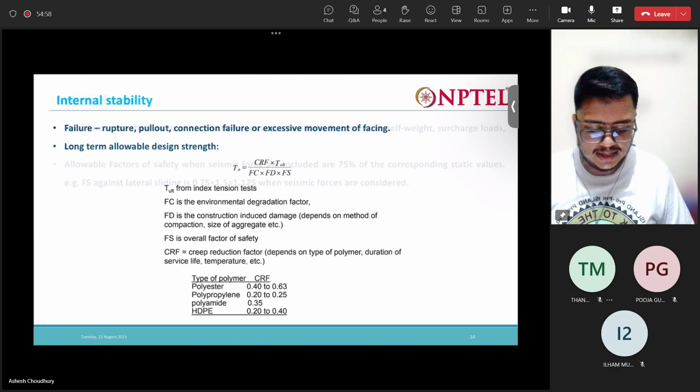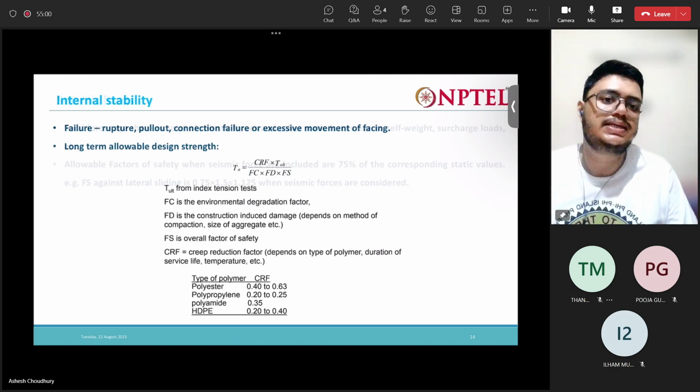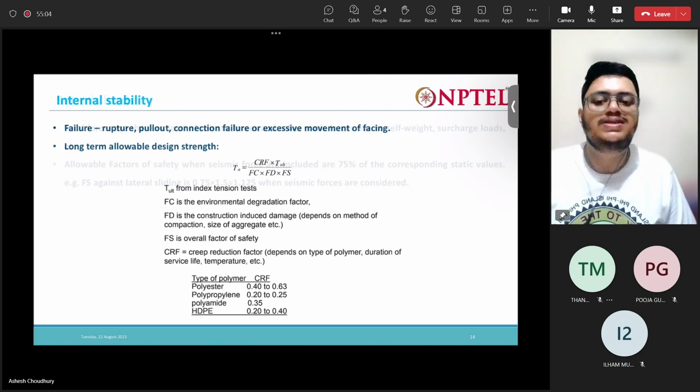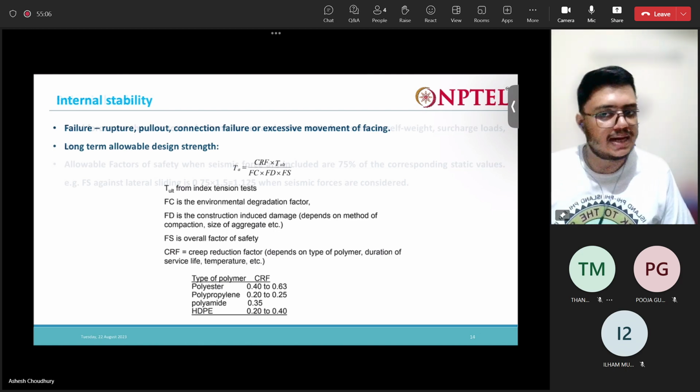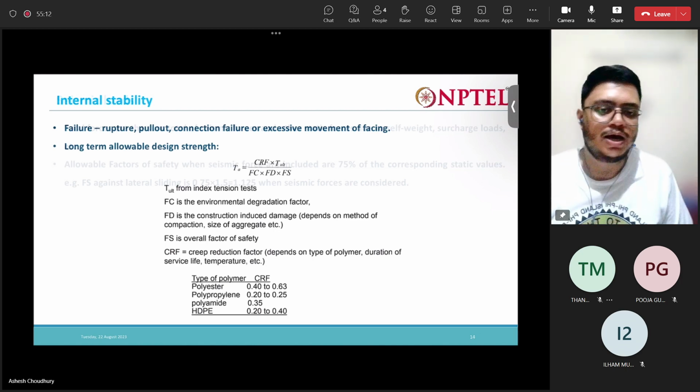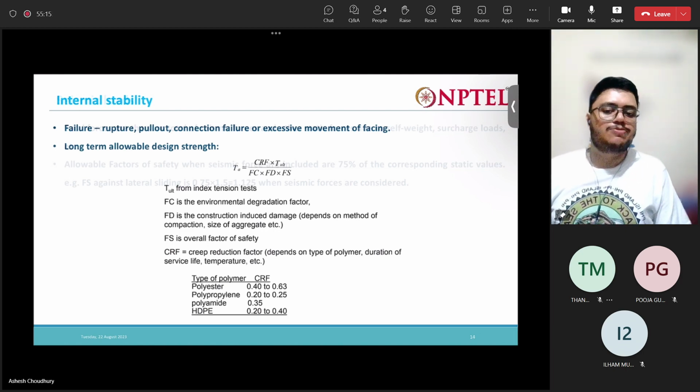So after that, we have the internal stability analysis. We discussed this in detail, right, in the initial lectures. What actually influences the internal stability is the rupture, pull out, and third is the connection failure, okay, or the excessive movement of the facing. So rupture, we already discussed. What is rupture?